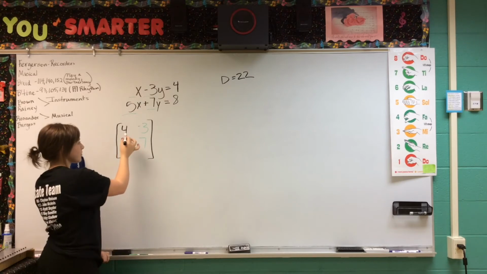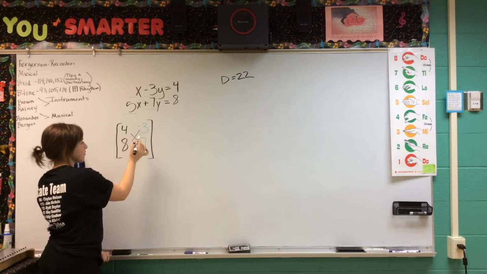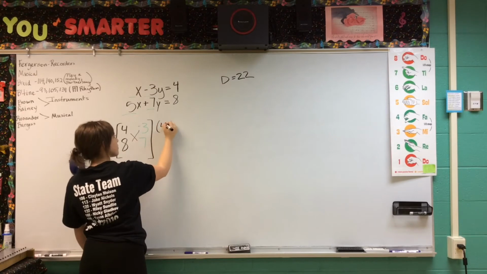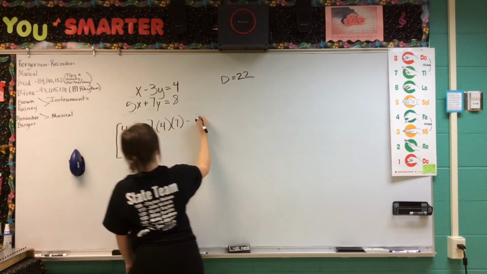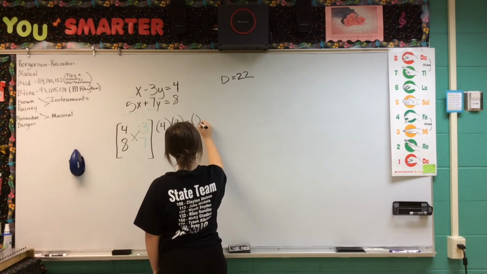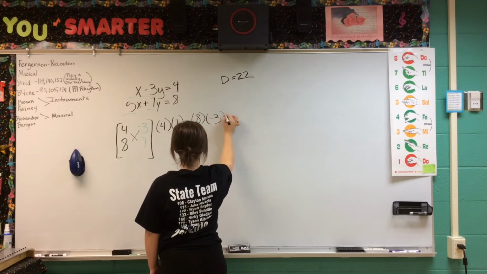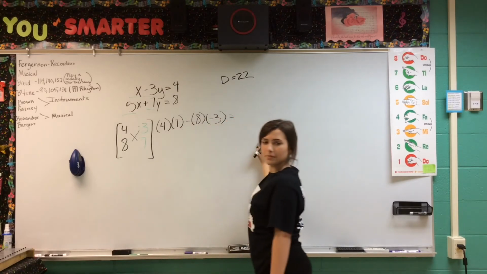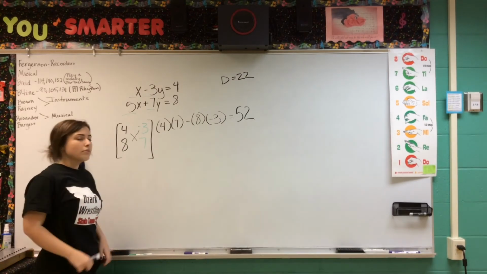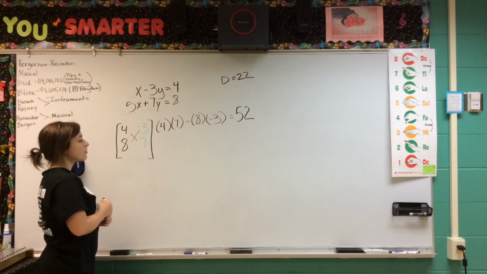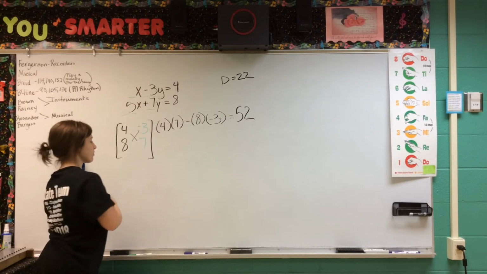You're going to multiply 4 times 7, and then you're going to multiply 8 times negative 3, and you're going to subtract the 2. And the 4 times 7 minus the 8 times the negative 3 would equal 52.